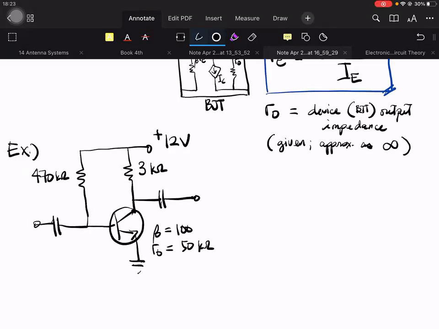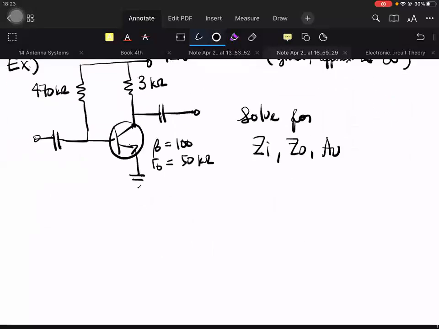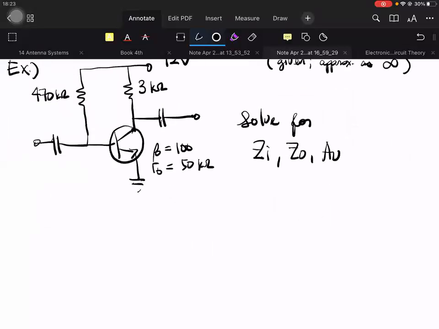So this time, solve for ZI, ZO, and AV. Meaning, class, the endpoint of this is we're going to determine these values.